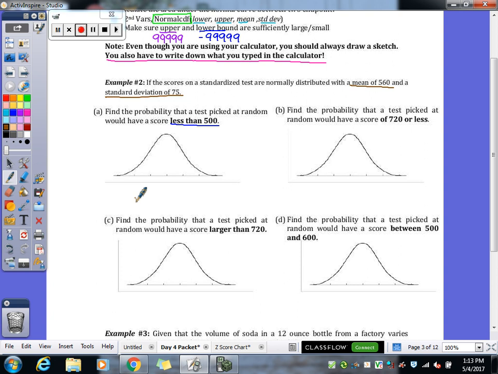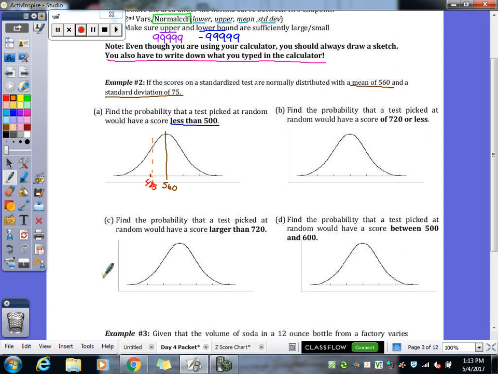So for our picture, we're going to start with our mean right there in the middle. That's 560. If we were to go 1 standard deviation below, what would that value be? So 560 minus 75, 485. So since I'm looking at 500, 500 would fall approximately in there.